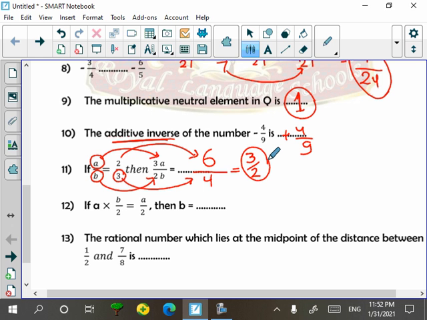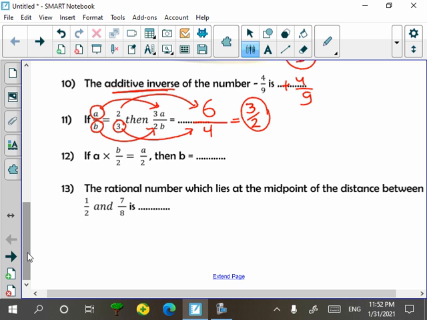Number 12, A times B over 2 equal A over 2. Again, A times B over 2 equal A over 2. A over 1 times B over 2. If we multiply A over 1 times B over 2, then A times B, it will be AB divided by 1 times 2, it will be equal 2.